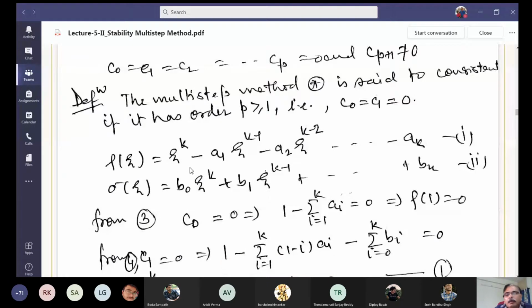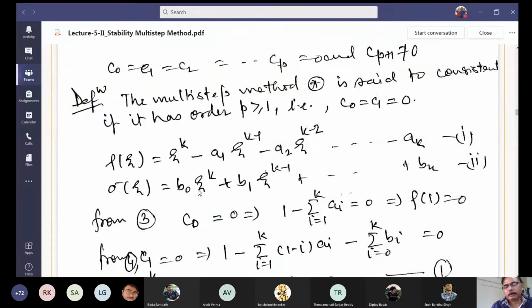Did you try any problem on rho and sigma? Since it is a k-step method, as I told you the other day, rho will be a degree k polynomial, and sigma will be degree k or k minus 1, depending on whether it is an implicit or explicit method.